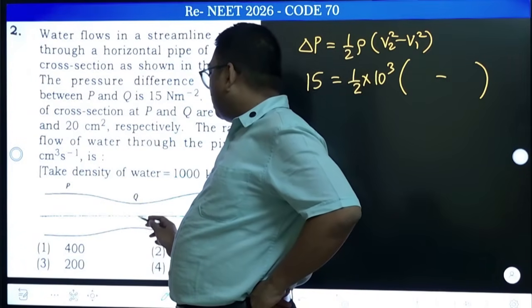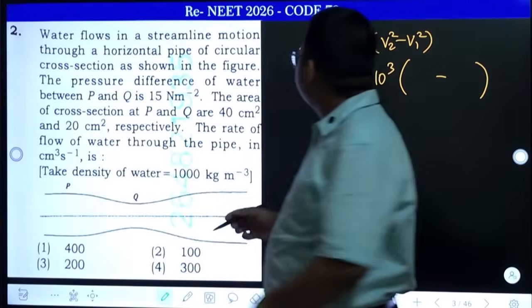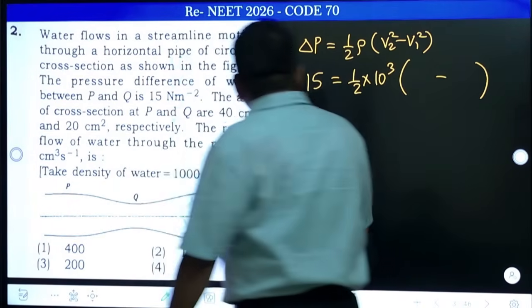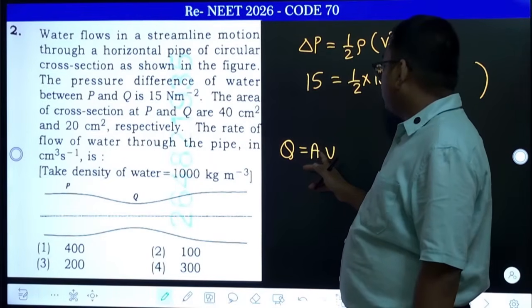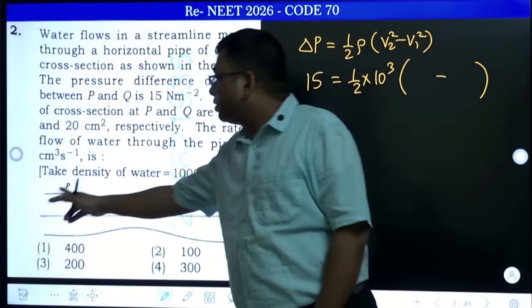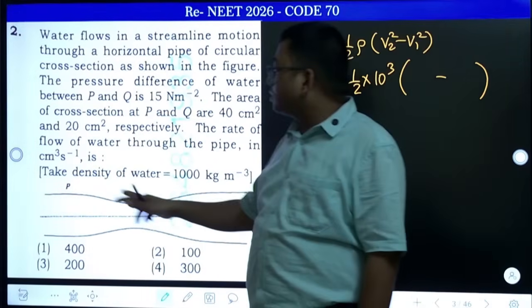So what happens when area decreases? According to the equation of continuity, A into V, remember this, Q is equal to A into V. Discharge flow rate remains constant. So if area is large, velocity will be small, right? So here velocity will be small, here velocity will be large, definitely. So we are taking final velocity minus initial velocity.